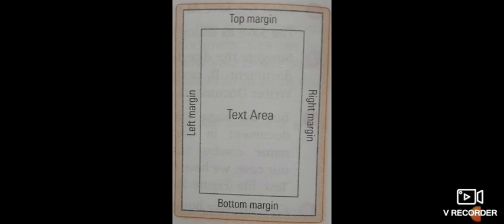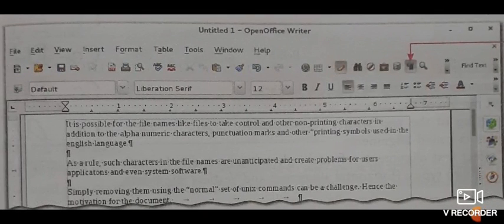Now come to the topic non-printing characters. There are a number of characters that are inserted into our document when we press the space bar, enter key and tab key. These characters are called non-printing characters, as they get replaced by blank space and do not appear on the printout of our document.